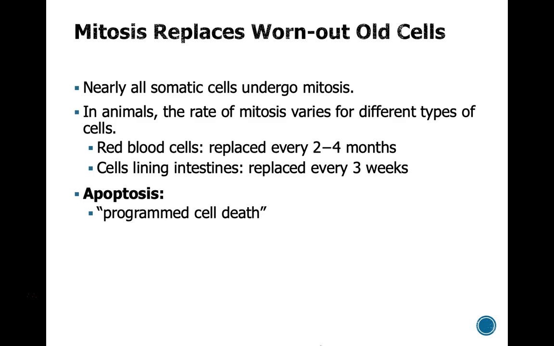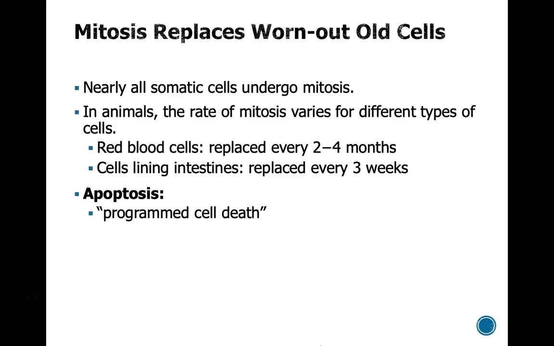And when cells are too worn out, maybe their telomeres are all used up, or they just generally can't function anymore, the cell will undergo something called apoptosis, which is sometimes called cellular suicide, programmed cell death. It's basically controlled cell death when the cell is no longer capable of dividing and reproducing.